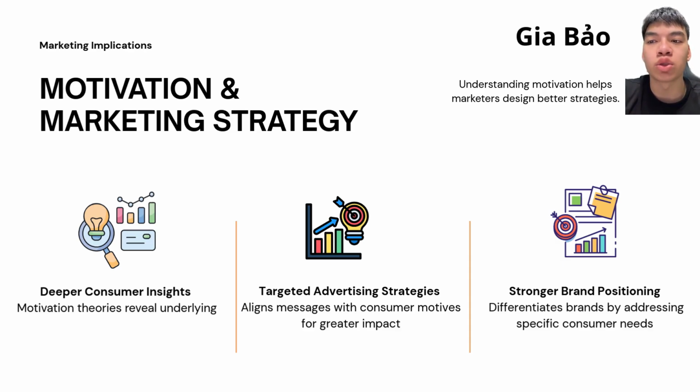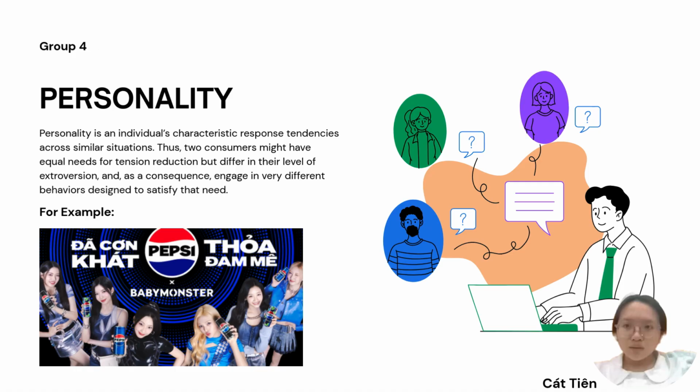Therefore, marketers should tailor their strategy based on the consumer's regulatory focus. For example, promotion-focused consumers respond better to messages highlighting gains and opportunities, whereas prevention-focused consumers are more influenced by messages emphasizing safety and risk avoidance.